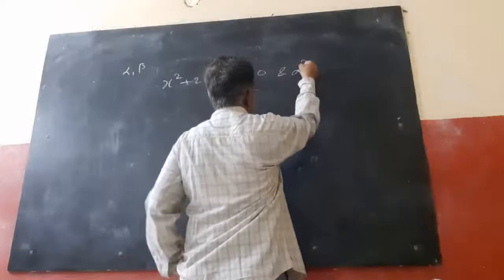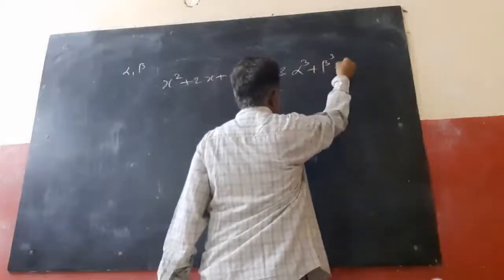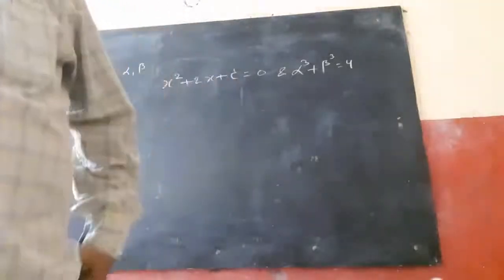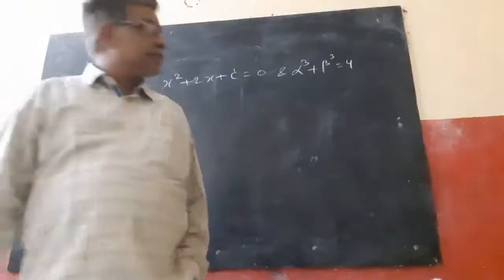Then find the value of c. Then the value of c is dash.